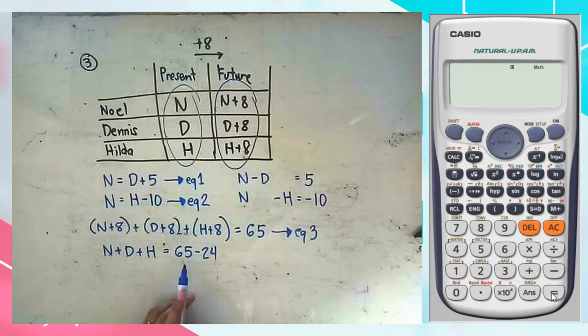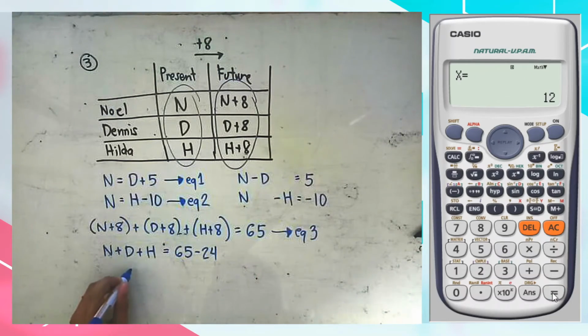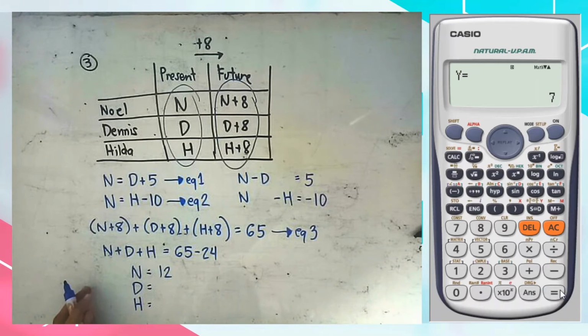There, we can solve for the ages. So, N, D, and H equal what? Okay, so N is 12, D is 7, and H is 22.